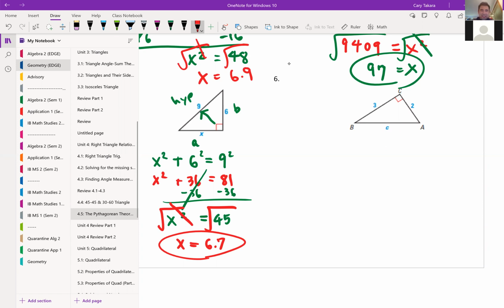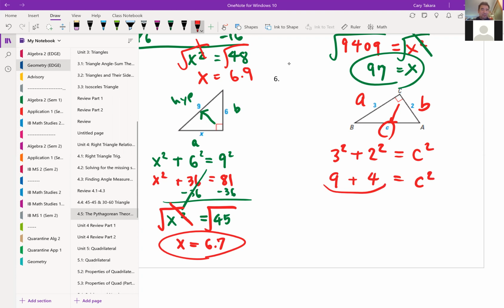Okay, so let's set it up. So the hypotenuse is that one. So that's a C, right? C is a C. But A and B are 3 and 2. So 3 squared plus 2 squared equals C squared. That's 9, and that's 4.